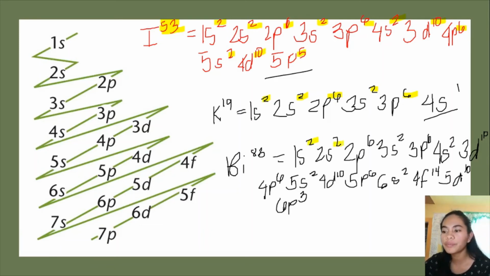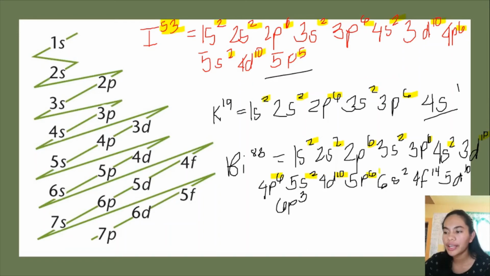We have 2, 4, 10, 12, 18, 20, plus 10, 30, 38, 40, 50. Okay, so we have 20, 30, 48, 58, then 20, 30, 48.